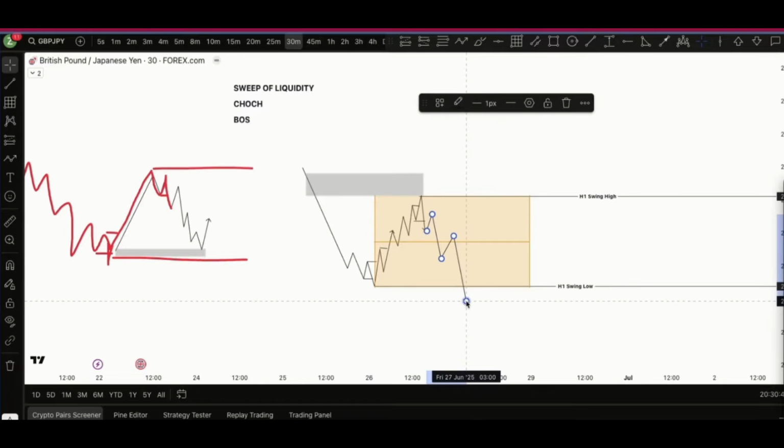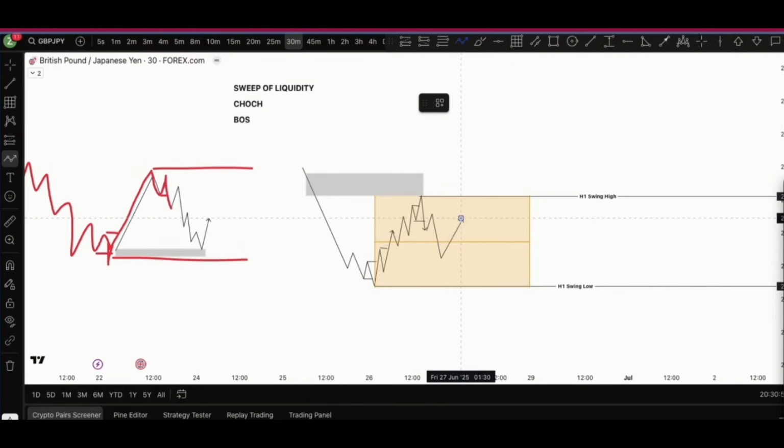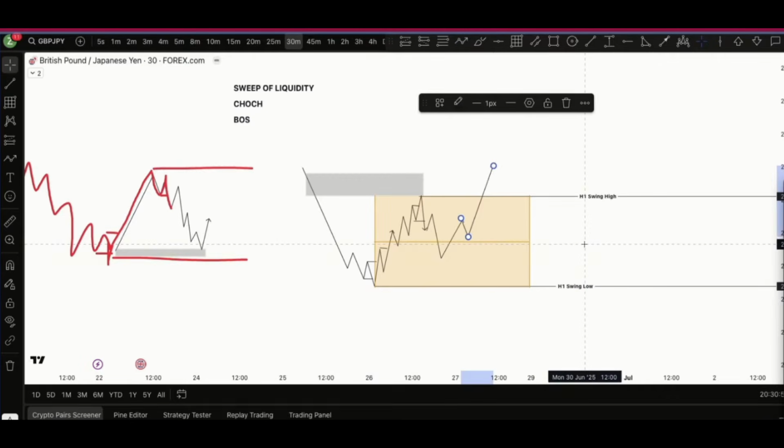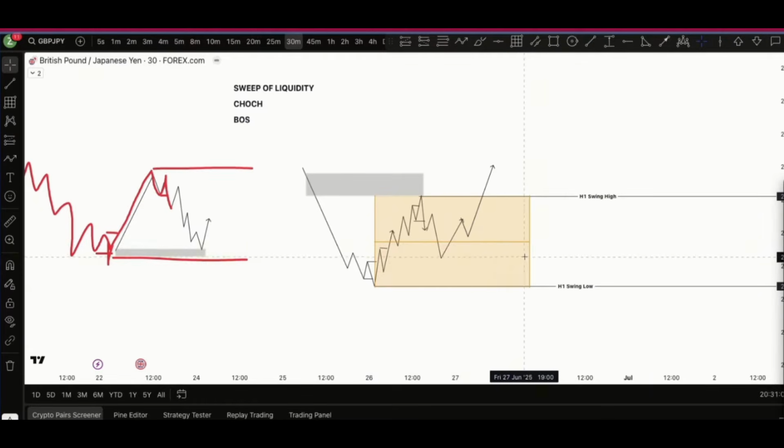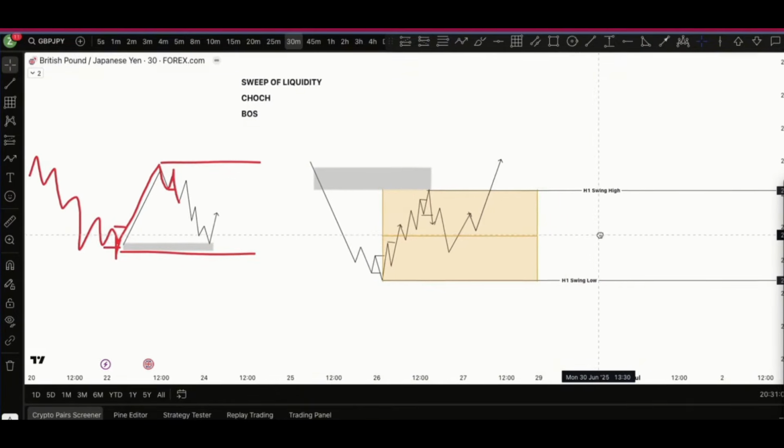Let's say it takes this low out, or maybe goes back and takes out this high. Then your trading range has been invalidated. Now you look for another trading range.